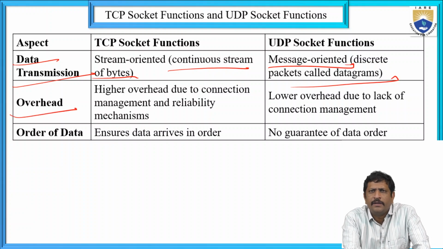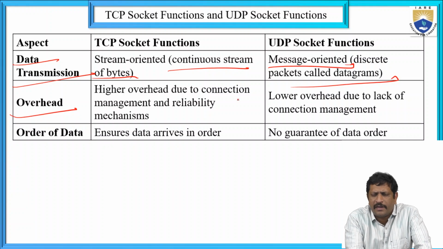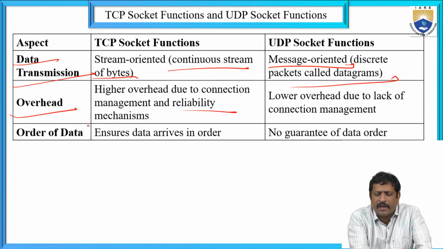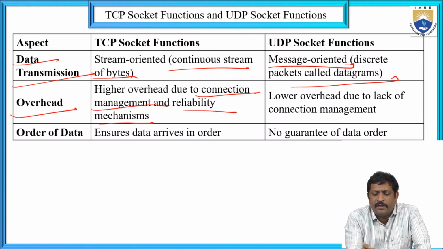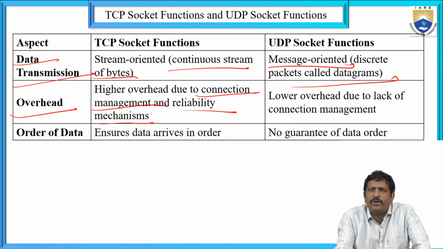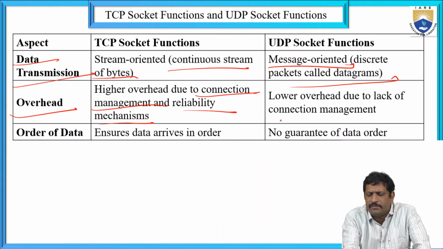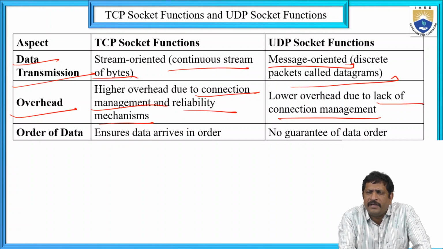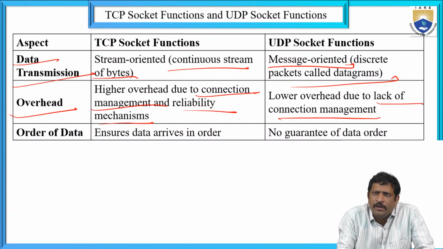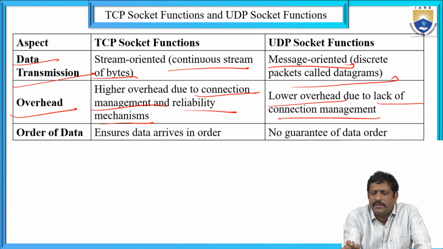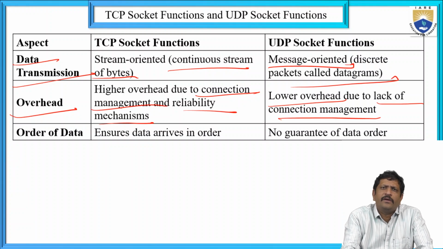Overhead is higher in TCP due to connection management and reliability mechanisms, and lower in UDP due to the lack of connection management. Without a connection, we can transfer the data, so the overhead is very low.